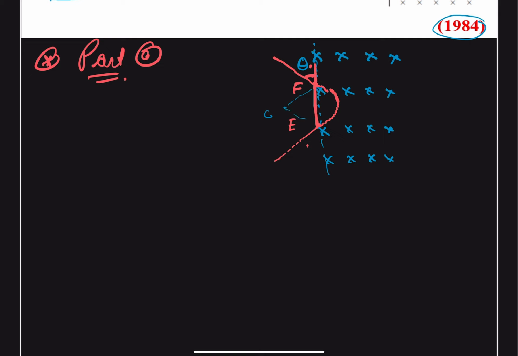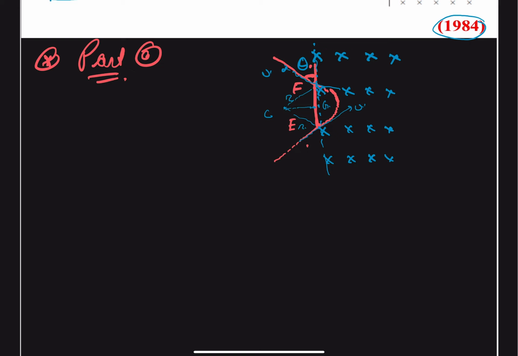We draw a perpendicular, and this point we call G. The velocity vector will be tangential at this point, so this will be the direction of the velocity vector here, and similarly there will be a tangential velocity vector in this direction. This is our radius, let us call it small r.